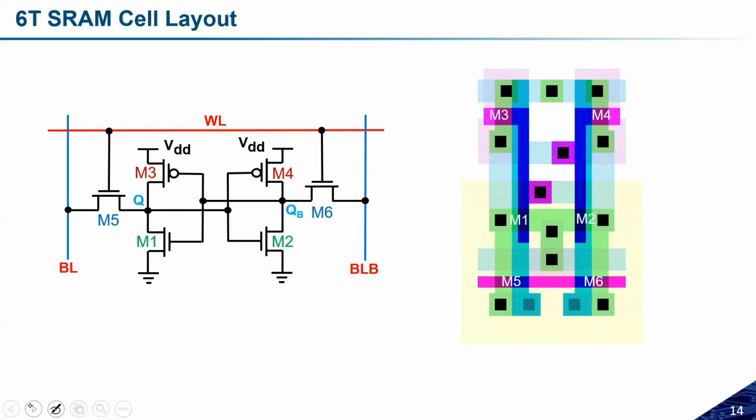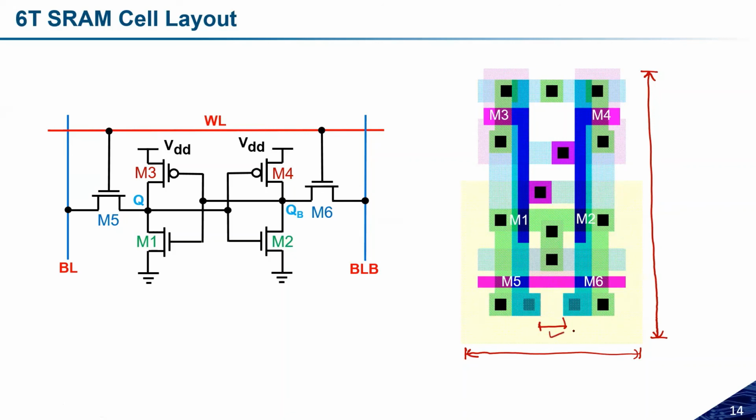Here all the transistors are shown. The layout is also important, because it determines the size of the complete cell. If you design without following the DRC rules, for example the distance between these two is more, it will require more area.